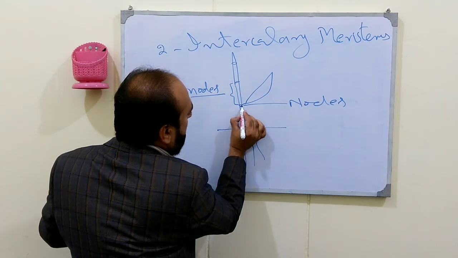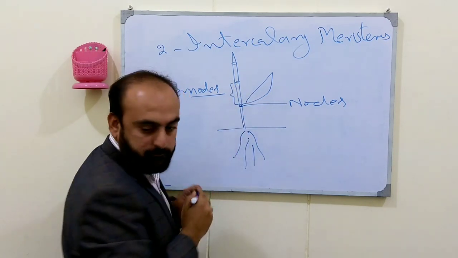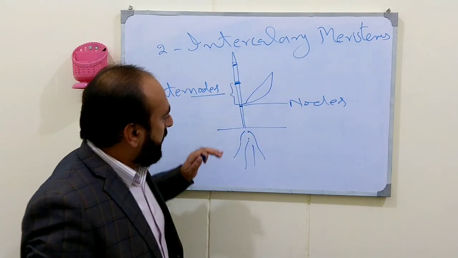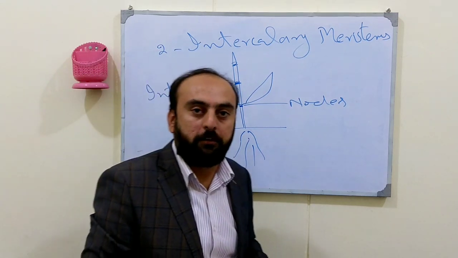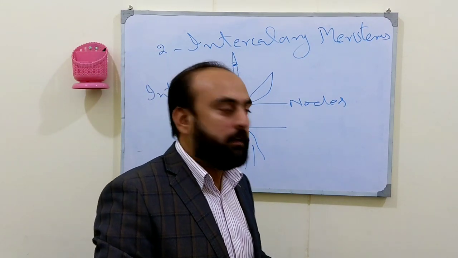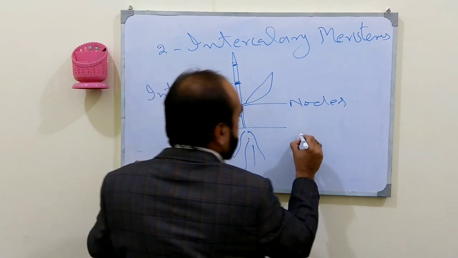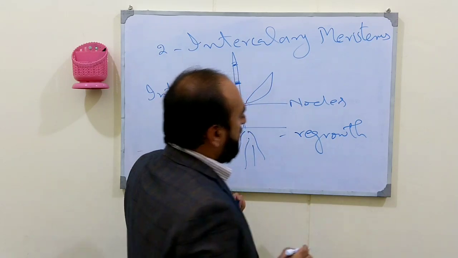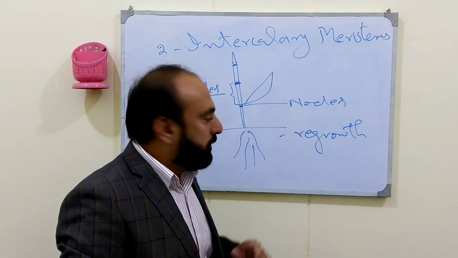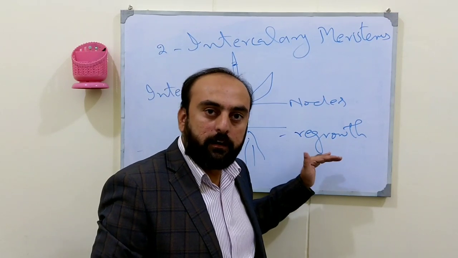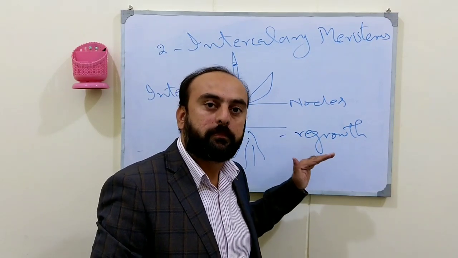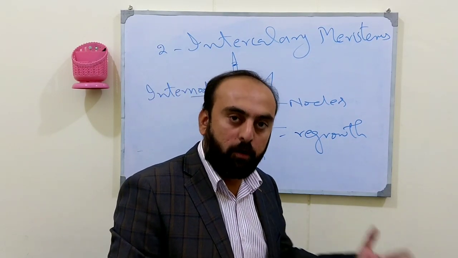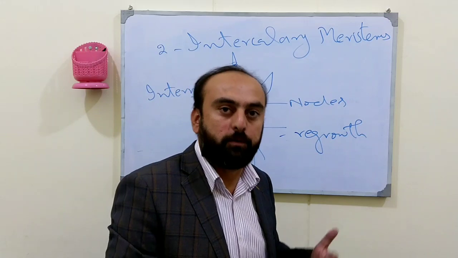Intercalary meristems are located at the base of these nodes and internodes, and they are responsible for regrowth. For example, regrowth of grasses. When grasses are eaten by herbivores or animals, or when we cut the long grass, we see a rapid regrowth.